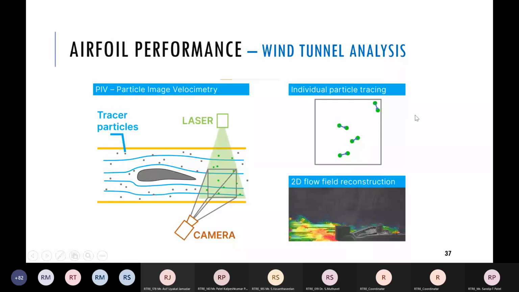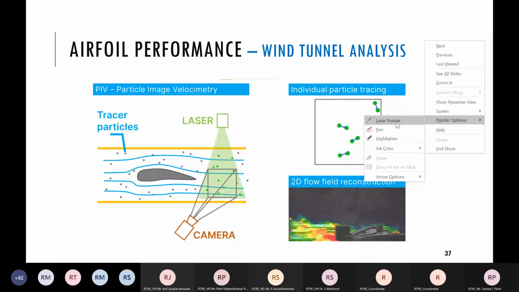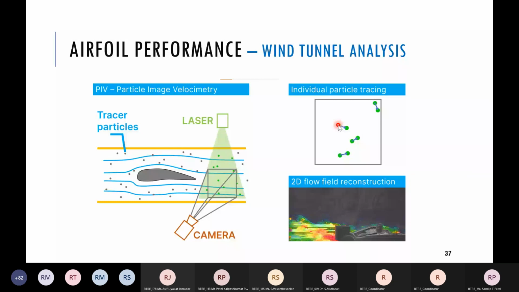So let's say 2 frames of image are there. In the first image the particle is over here, so that is traced. In the second image, the job of the image recognizing software is to find out where that particle went.